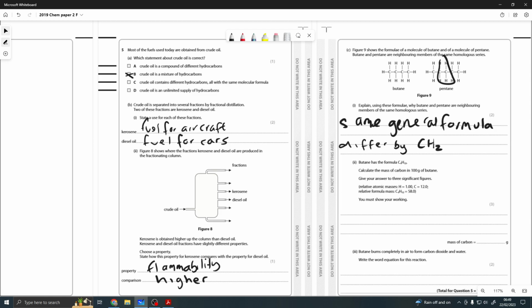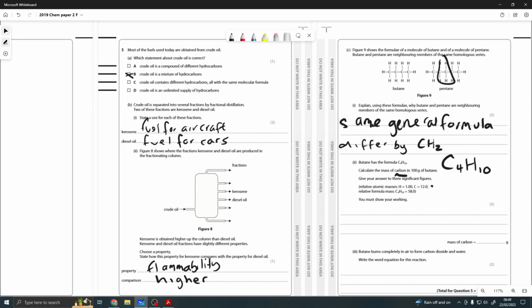Now, butane has the formula C4H10. Calculate the mass of carbon in 100 grams of butane, giving your answer to 3 significant figures. The first thing you've got to do here is work out how much carbon in terms of atomic mass there is in there. So, there's 4. Let's write this bigger. It's C4H10.